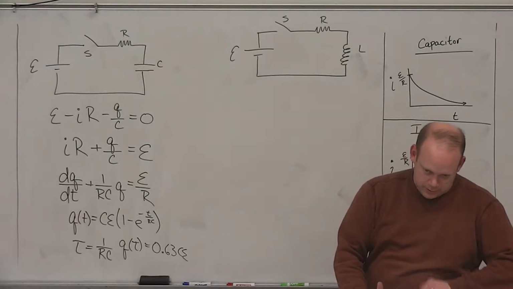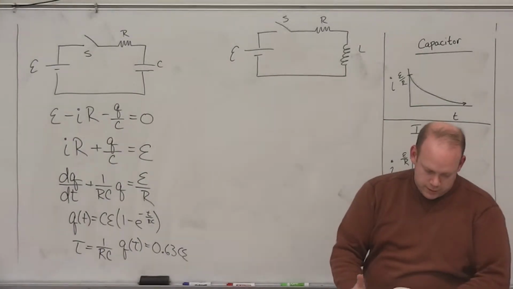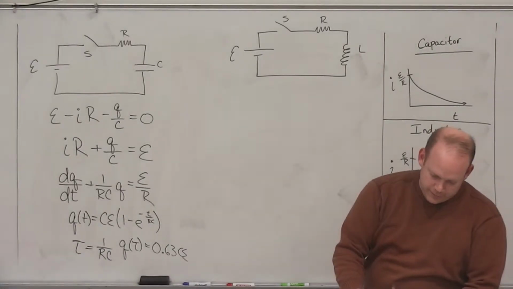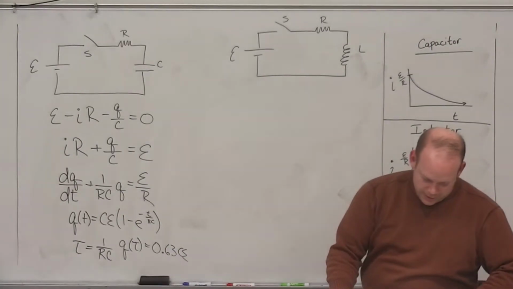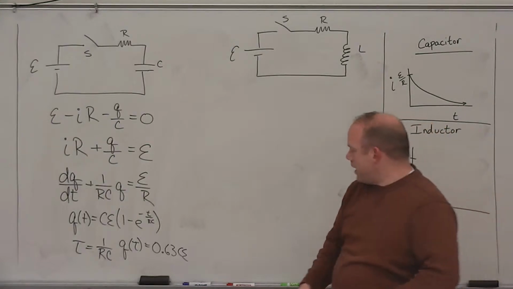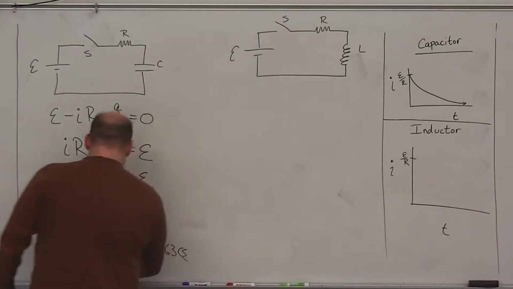Just make sure that's not right. I don't want to say that wrong, I think it's actually RC. Yeah, the time constant's not 1 over RC, for crying out loud.